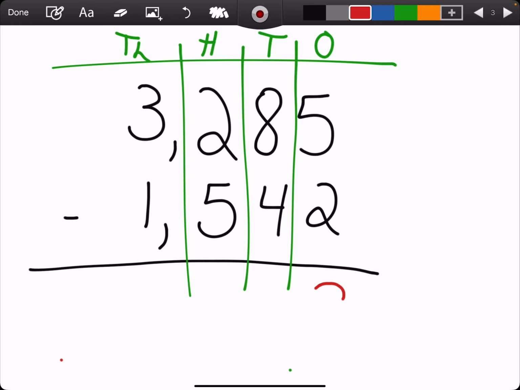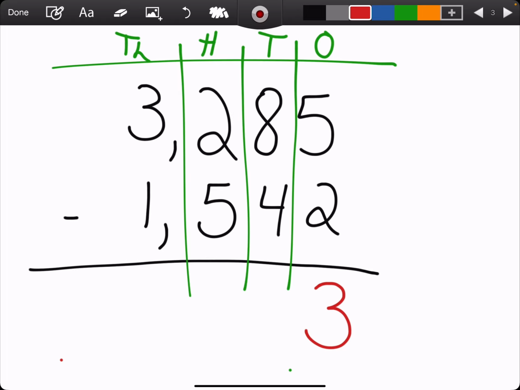Okay. I'm able to do that. No regrouping is necessary. So now I'm going to go next door into my tens place. I have 8 tens minus 4 tens. 8 tens minus 4 tens. I can do that because the number on the top is greater than the number on the bottom.